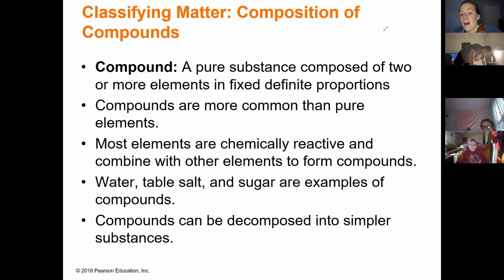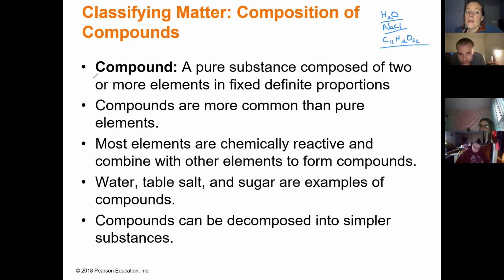So examples of a compound: H2O, NaCl, and C12H22O11, sugar. So we've got all these things and they have a recipe. I can't change the proportionality of hydrogen to oxygen. It's got to be 2 hydrogens for every 1 oxygen. That is what makes water water. Otherwise, it would be something else.